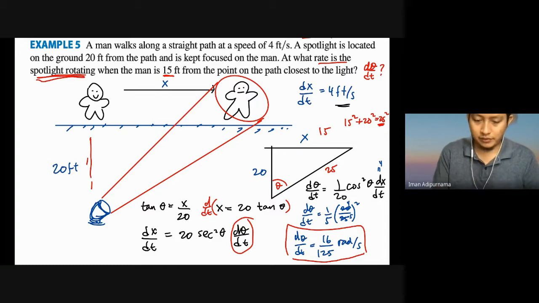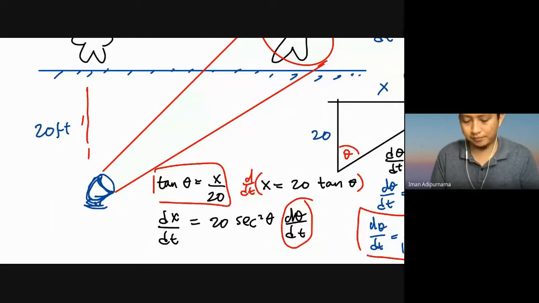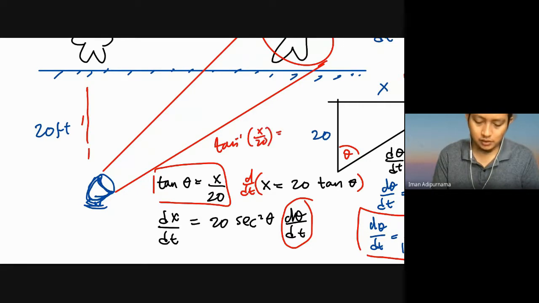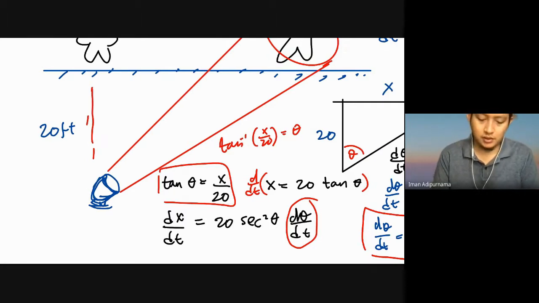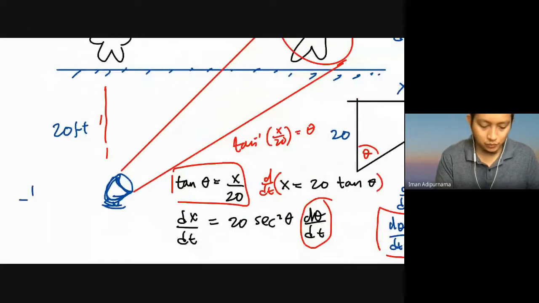The problem with the tangent inverse is when you are dealing with this. If you take the tangent inverse, you will get theta equals tangent inverse of x over 20, so you get it directly. But as long as you don't mix it up with the original tangent, you have 1 over 1 plus (x over 20) squared, and then this will be d theta/dt, times dx/dt.